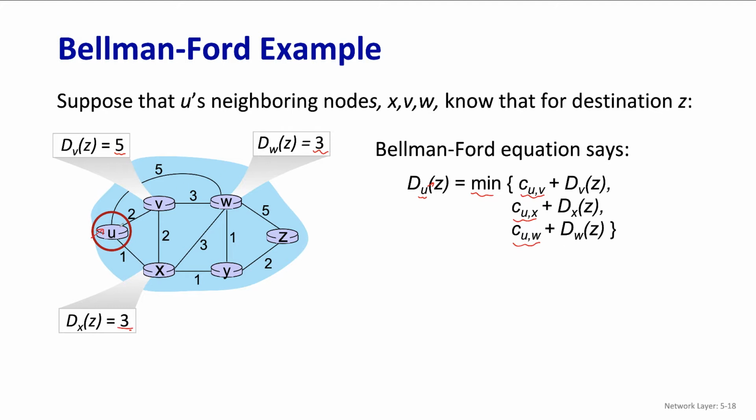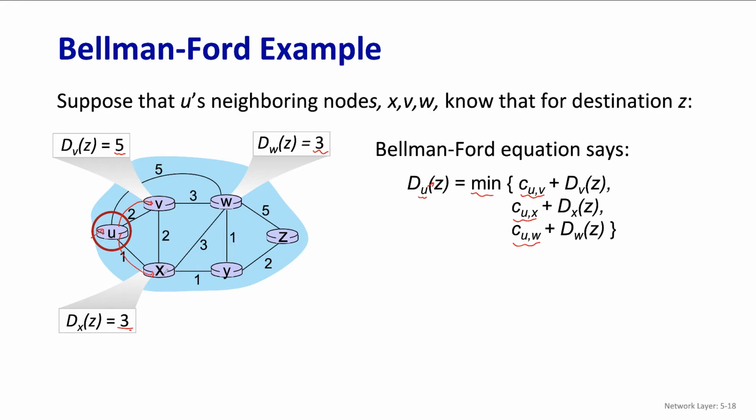Let's go with the first one here. We already know that the cost from v to z is 5. Then we calculate the same thing moving from here to here.